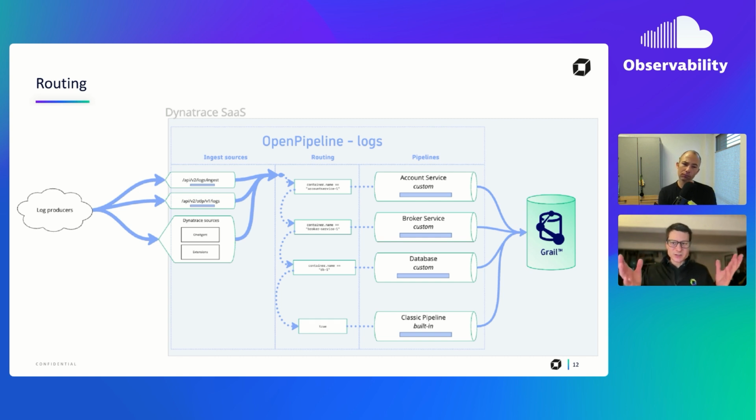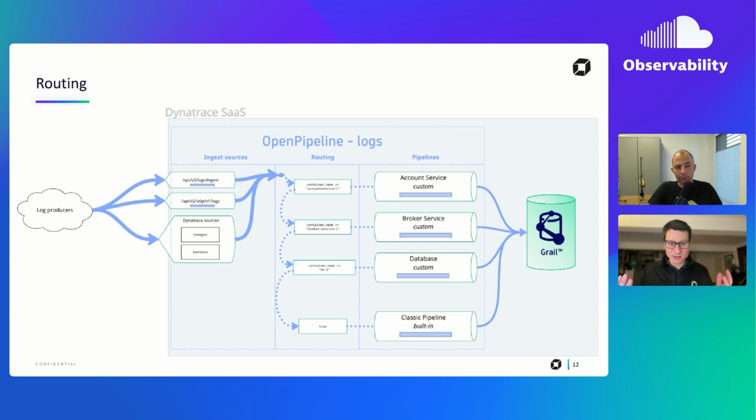If you start using OpenPipeline, everything keeps working as it did before, because all the data goes through the routing table and it ends up in the classic pipeline, which you find in the classic settings interface. And you can then migrate parts of your data into these new OpenPipeline pipelines at your own pace.